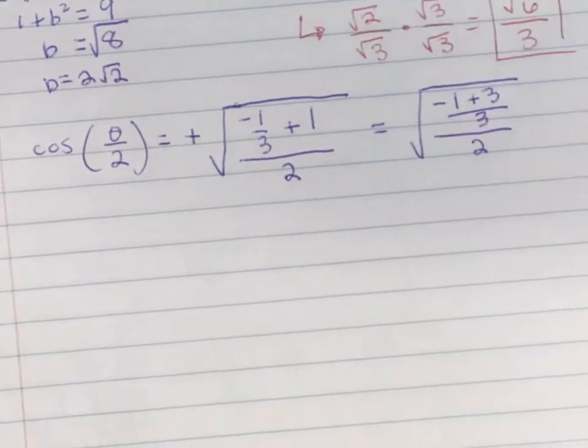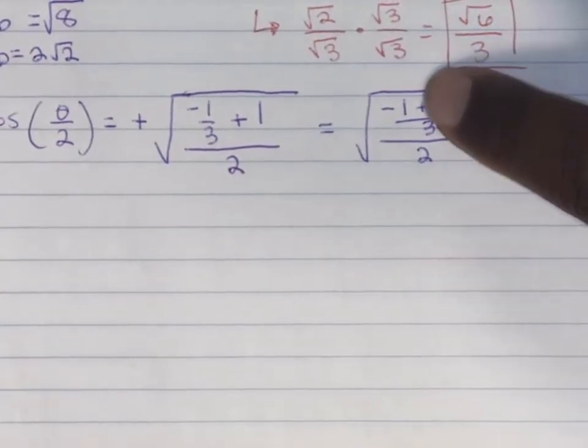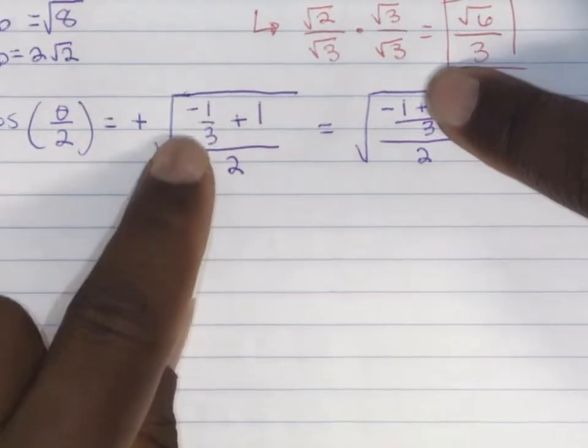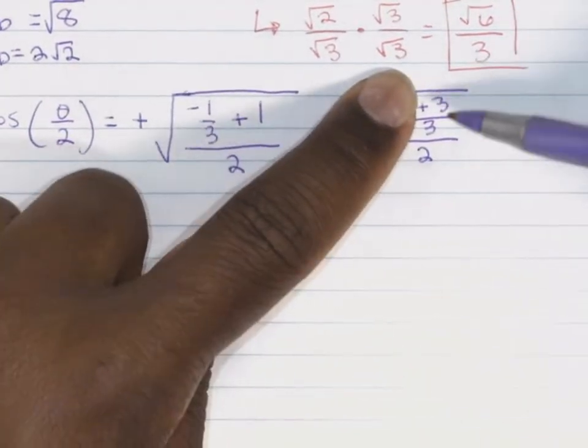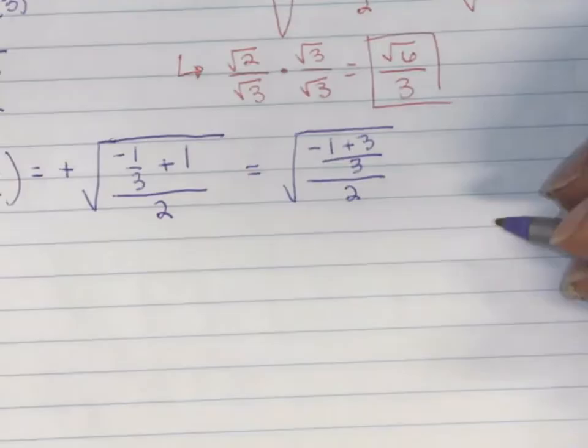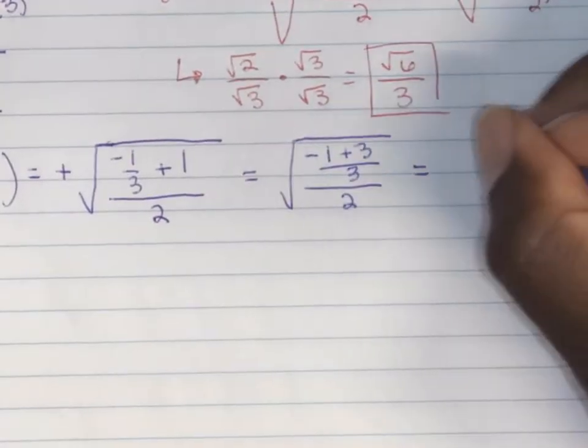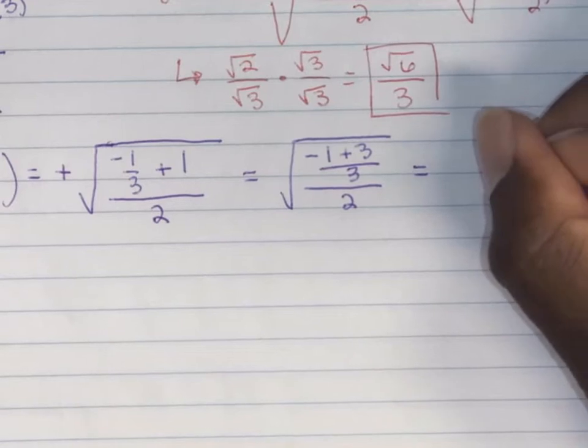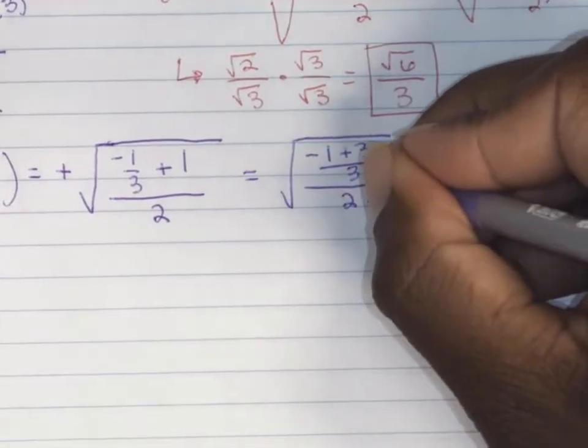So what I had was -1 over 3, that's this part, and then I converted 1 to be 3 over 3. They both have a denominator of 3, so I just put them together. -1 plus 3 is 2, and then I'll multiply the 2 denominators to get 6.